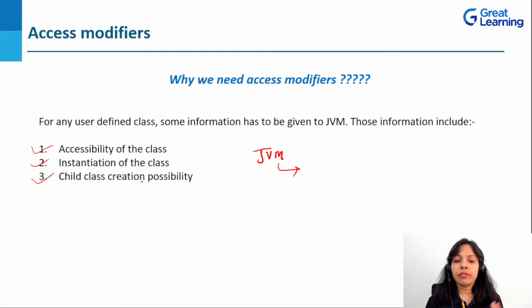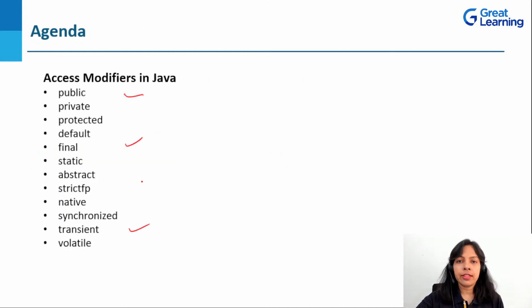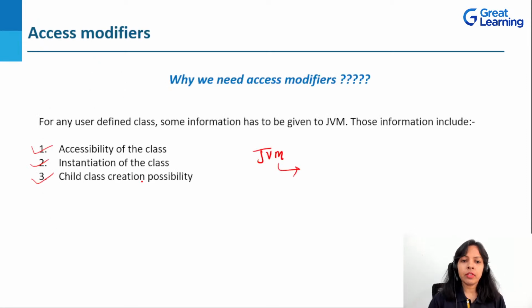So all this information has to be given, and to provide all these sorts of information, there are only a few access modifiers which we can use in Java programming. With the help of just these few access modifiers, we will be able to send all kinds of possible information to JVM about a class, method, and variables.